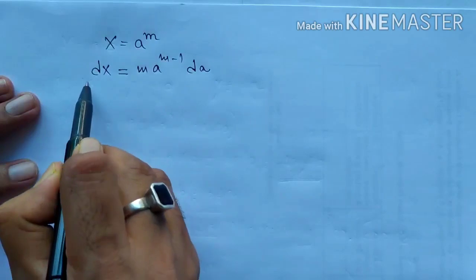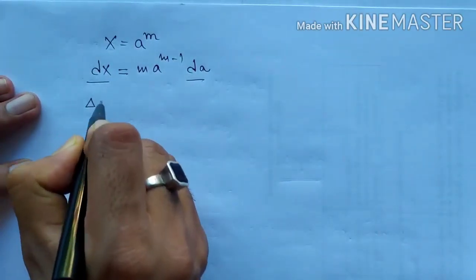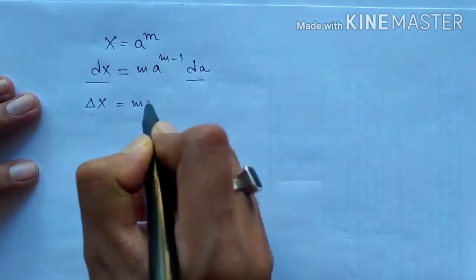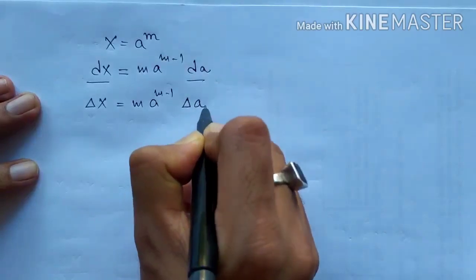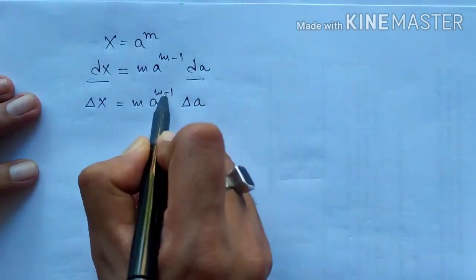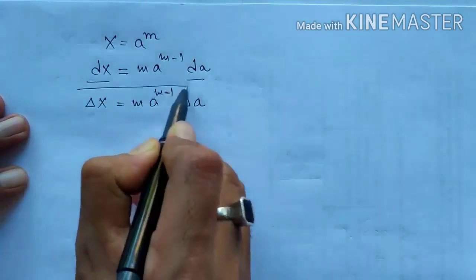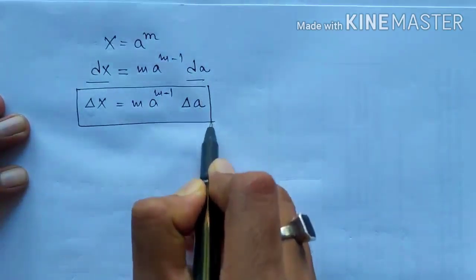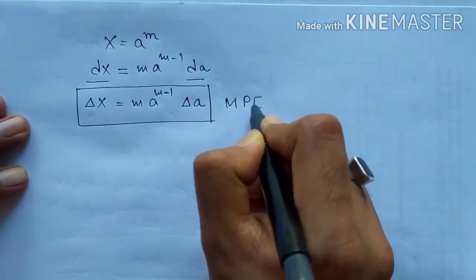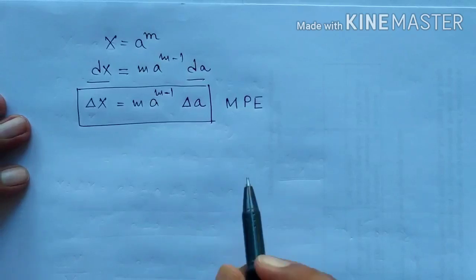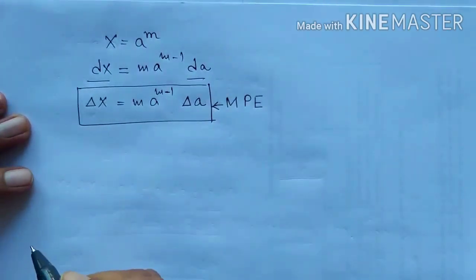Now I am replacing this differential operator with delta. So delta x will be m a to the power m minus 1 delta a. So this is the expression of maximum permissible error. Every time it's not good to write the full form.